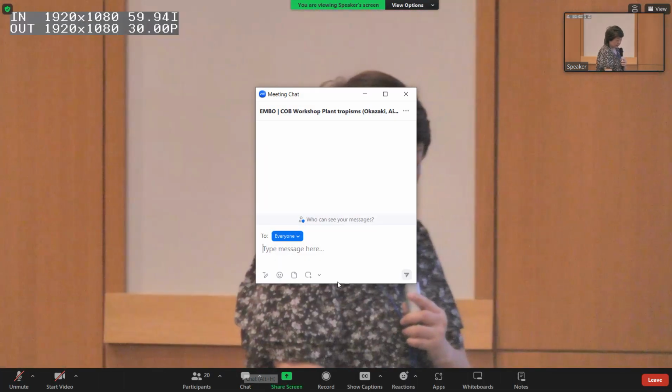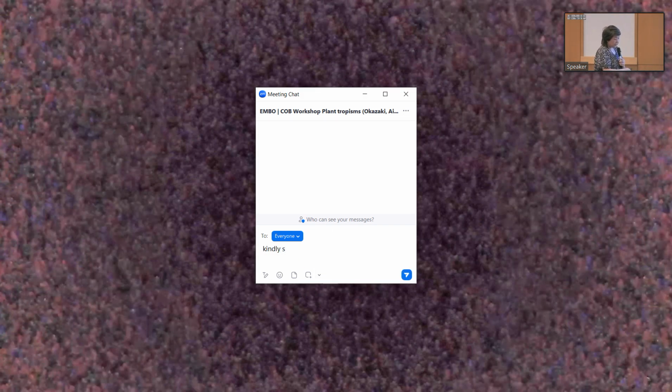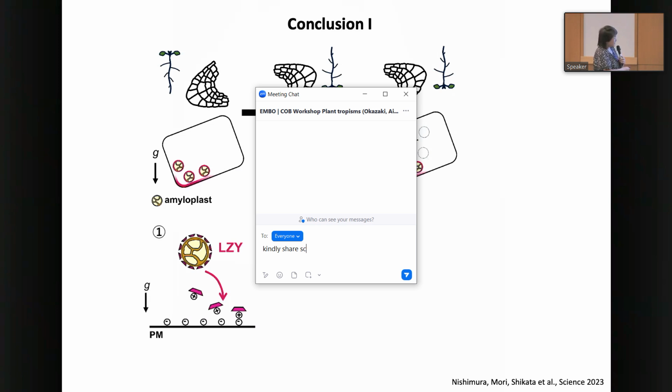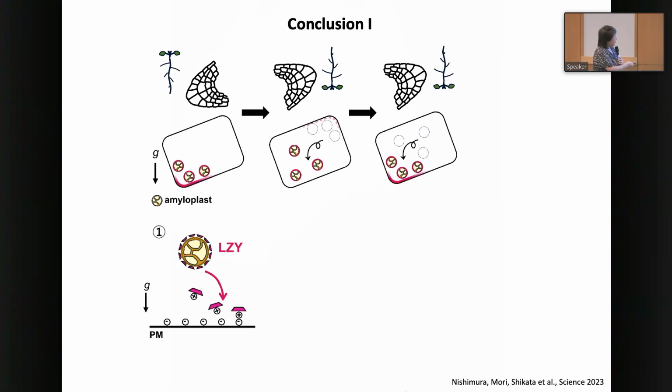So based on these results, we've proposed a new model for gravity sensing. The LZY protein translocates from the amyloplast to the nearby plasma membrane, and LZY proteins associate with the plasma membrane through electrostatic interaction.